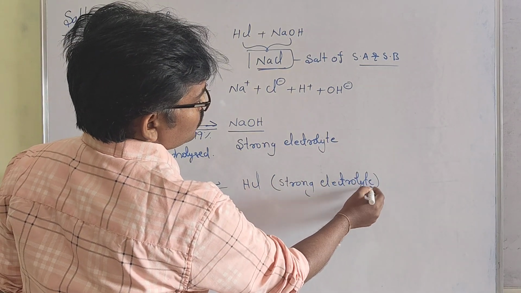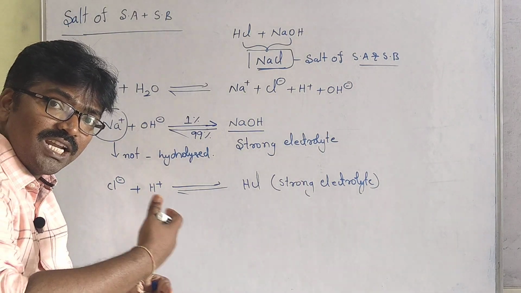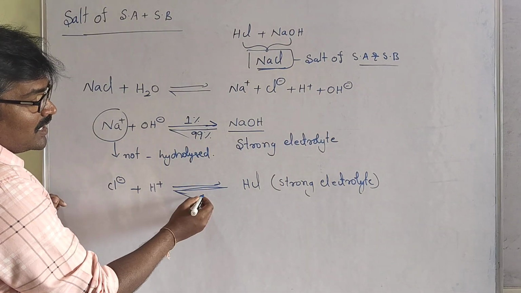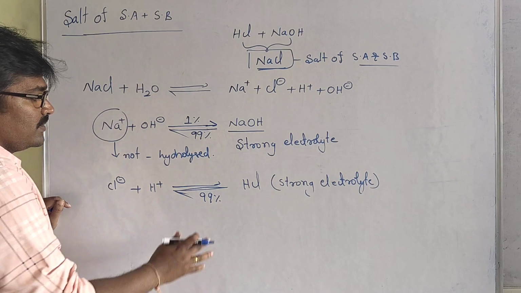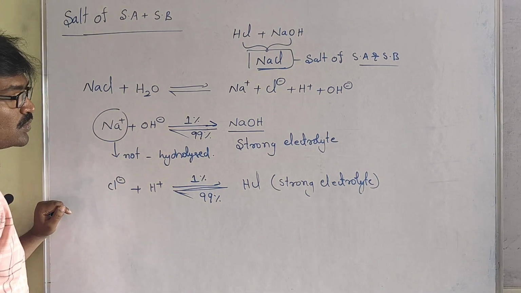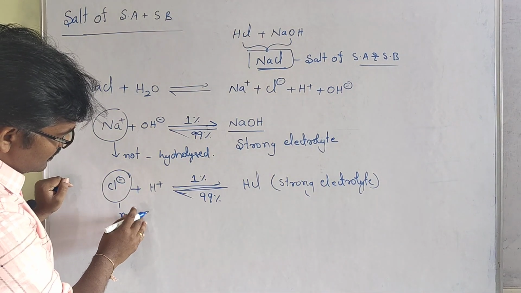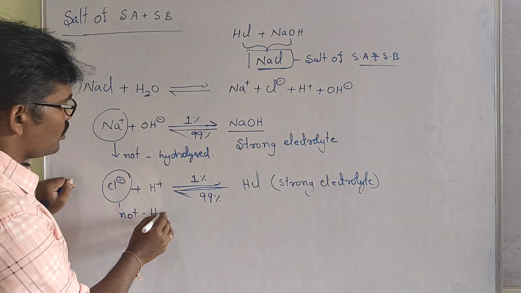A strong electrolyte always dissociates in water. So the backward reaction takes place nearly 100%, and only 1% will be formed. Even here they are not going to hydrolyze. Cl minus is also not hydrolyzed.